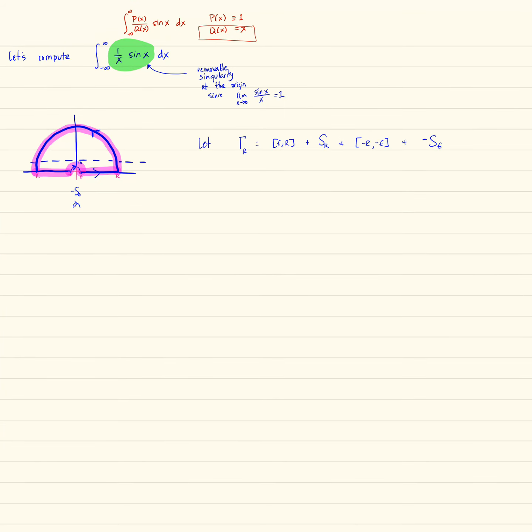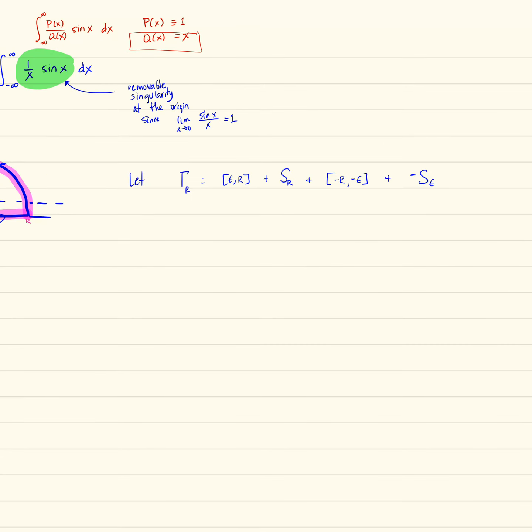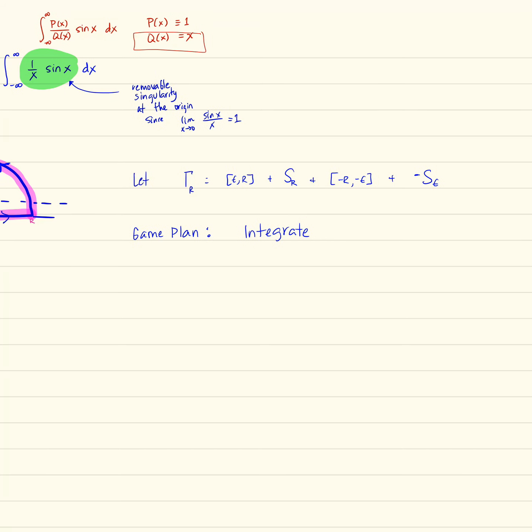So remember, this is the goal, the game plan. We're going to integrate 1 over z, e to the iz over gamma sub r. That's the game plan.